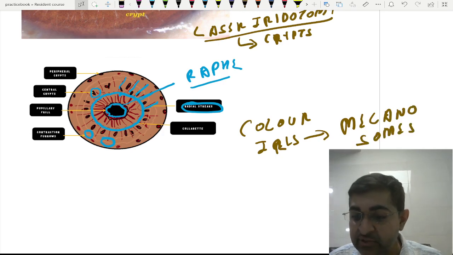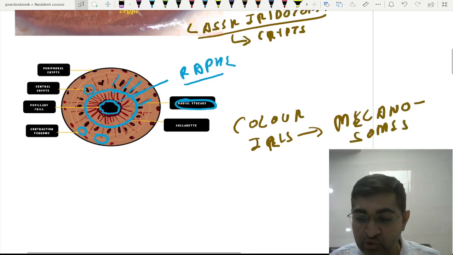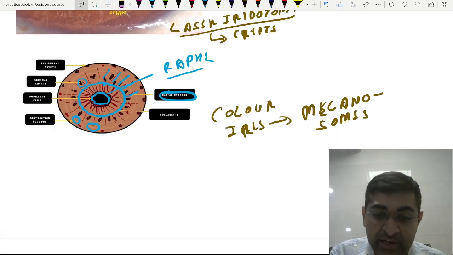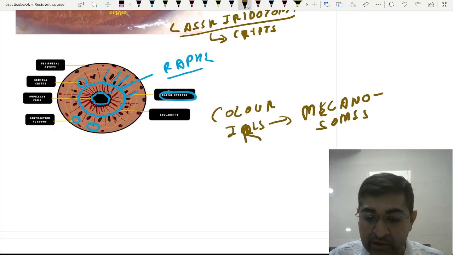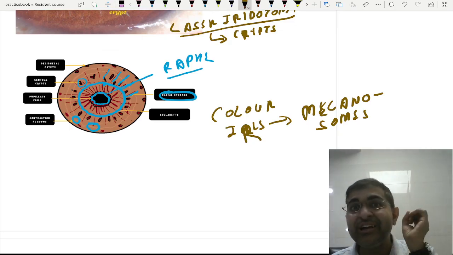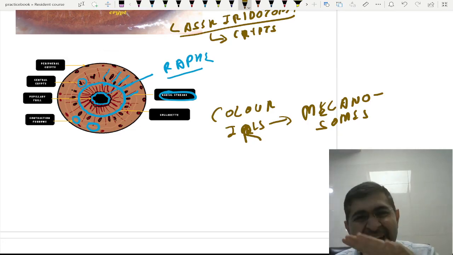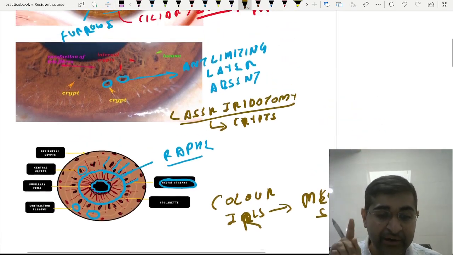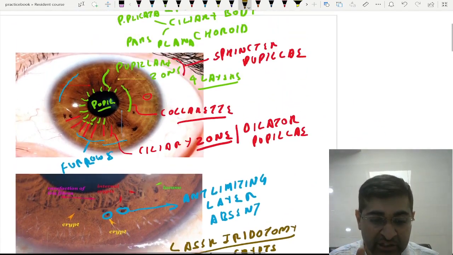In eyes with an abundance of melanosomes, the iris will have dark color. In eyes with fewer melanosomes, the iris will have a relatively lighter color, right? I hope it is understandable.